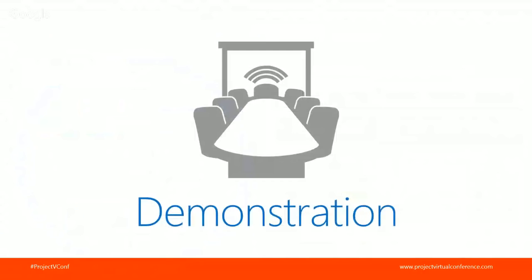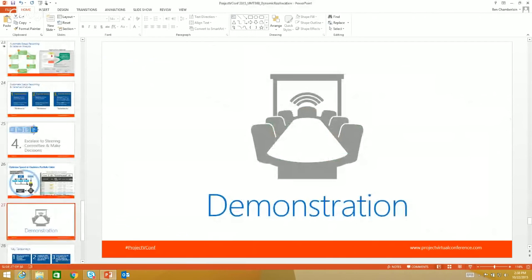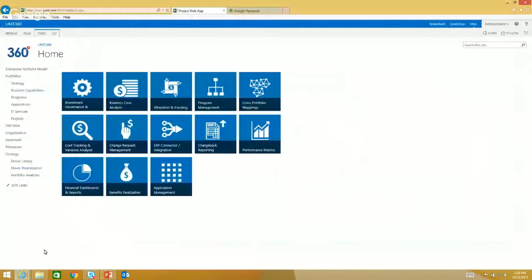Okay, so what I thought we'd do, and we'll keep this relatively brief, maybe 10 minutes or so, is take a look at some of these concepts in action. We're on top of the Microsoft PPM solution with UMT360 enabled. So let me bring the tool up.